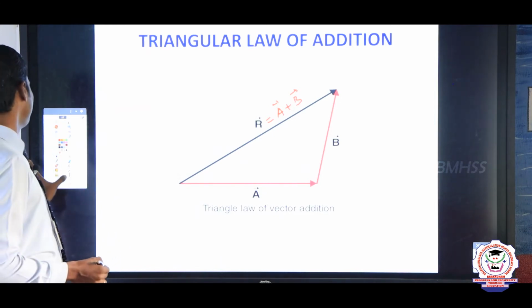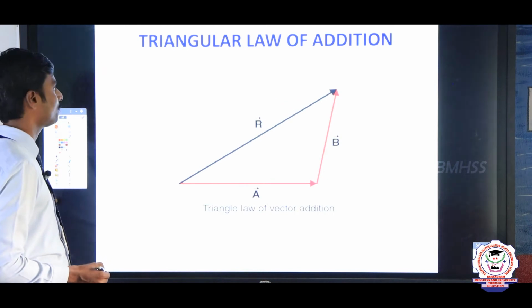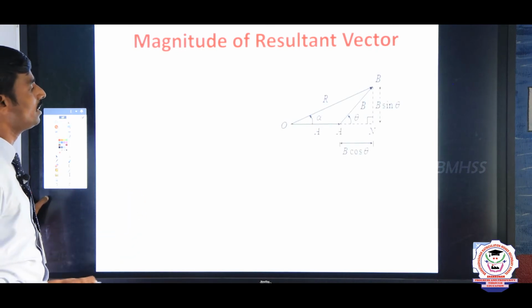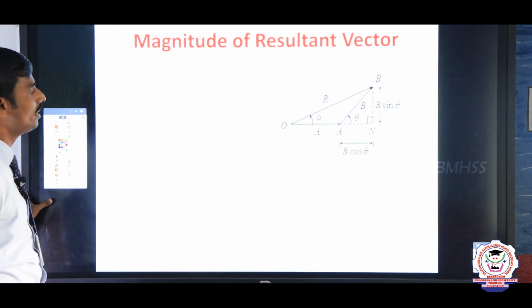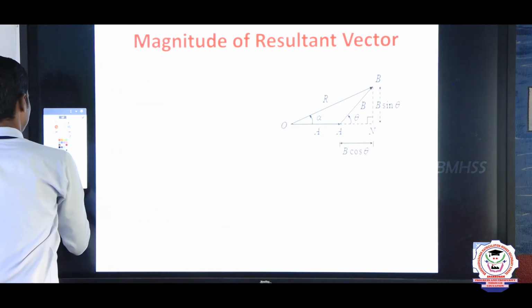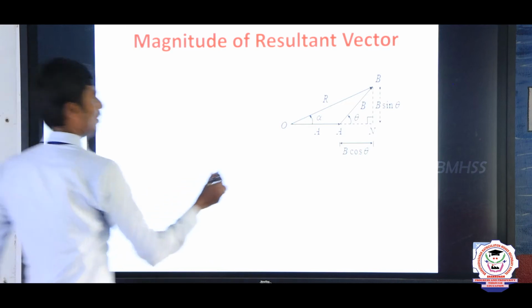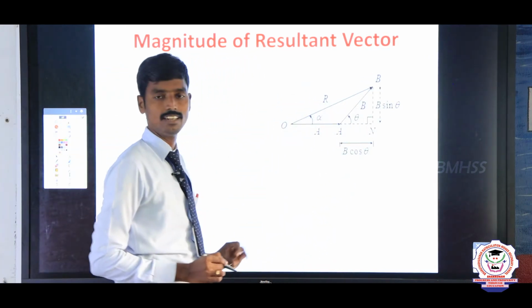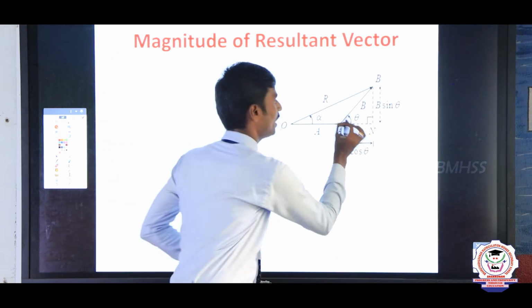The next one is very important: the magnitude of the resultant vector. Let us consider two vectors, A vector and B vector, making an angle theta.